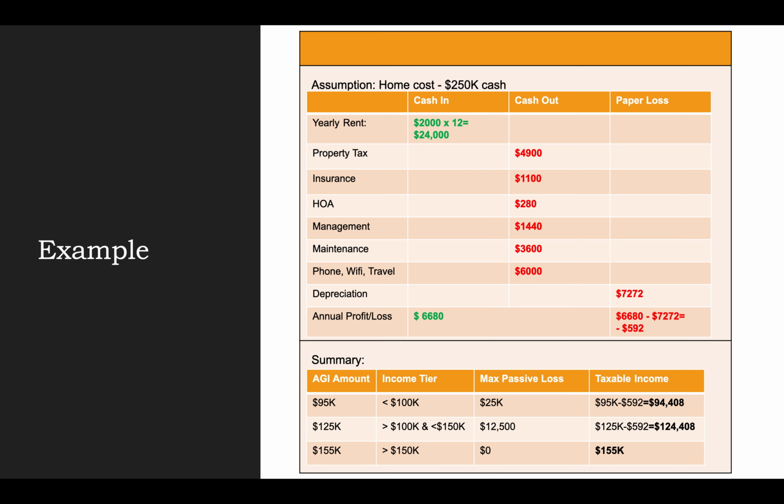The last scenario is your AGI is at 155,000, which is greater than 150,000. In this case, because your income has exceeded the maximum income level, you are not able to deduct anything for passive loss. And therefore, your taxable income will remain at $155,000.